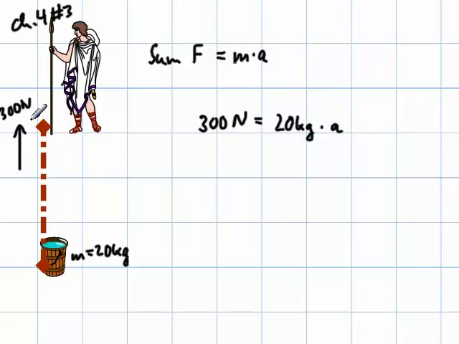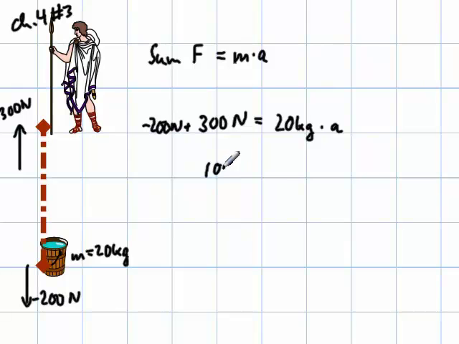So the upward force is 300 newtons that the person applies, but there's also a downward force, which is the weight of the pail itself, and that is 20 kilograms multiplied by 10 meters per second squared, 200 newtons. Because they're in opposite directions, they would have to be subtracted, or I should put a negative in front of that. So negative 200 newtons down plus 300 newtons up.